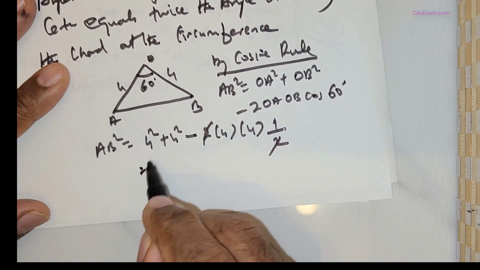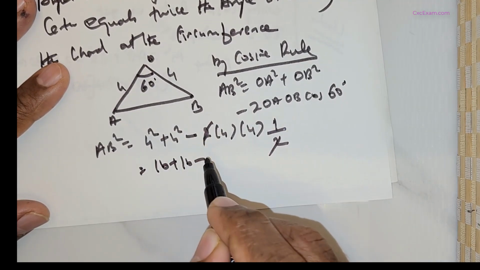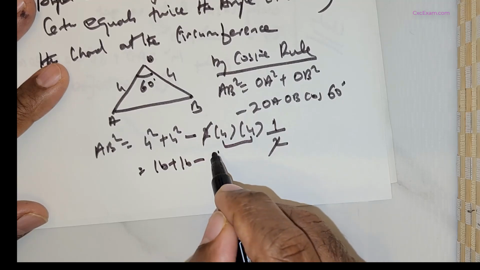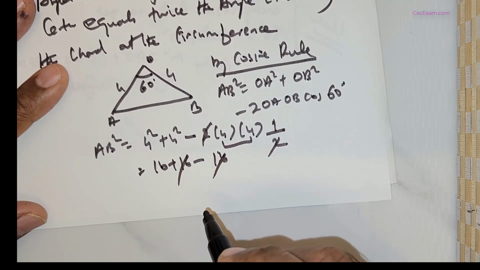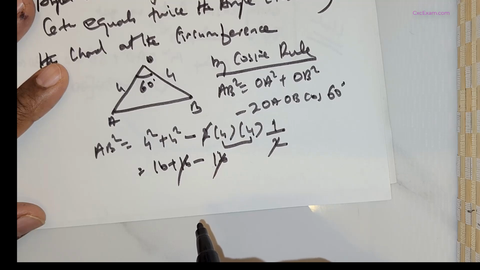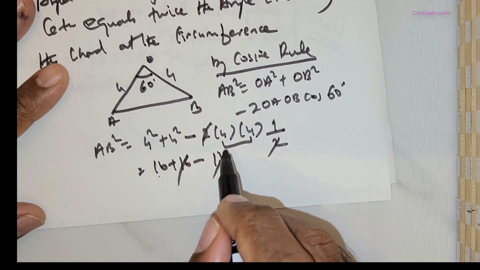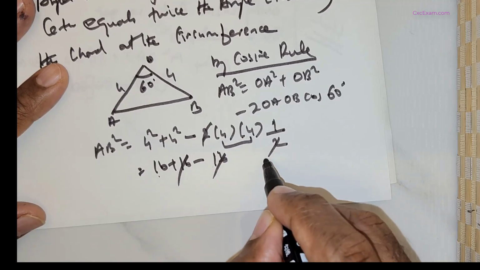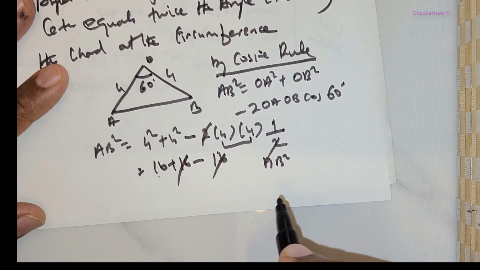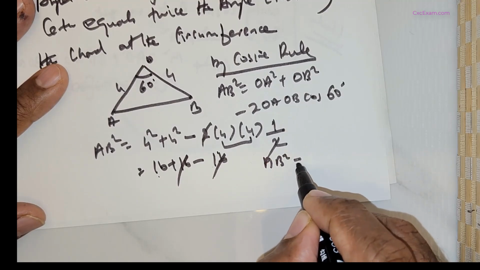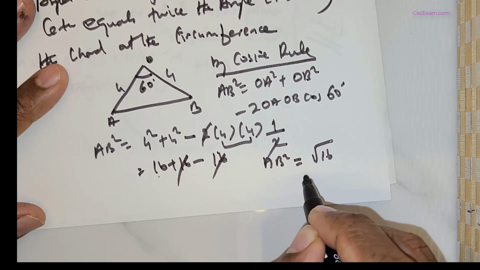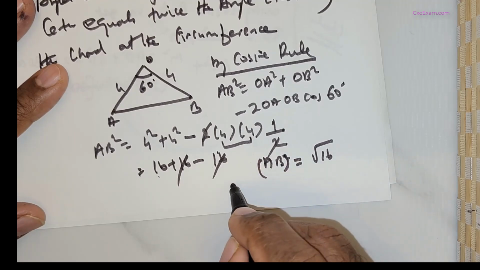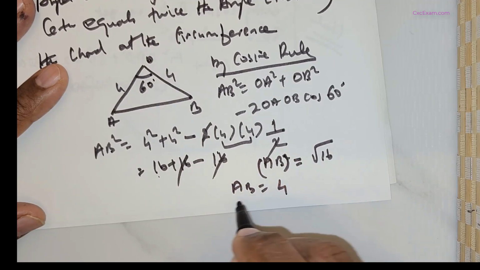So the 2 gets cancelled. 16 plus 16 minus 4 fours, which is 16. They get cancelled. So AB squared is equal to 16, or I would say AB is equal to root of 16. So AB is equal to 4 units.